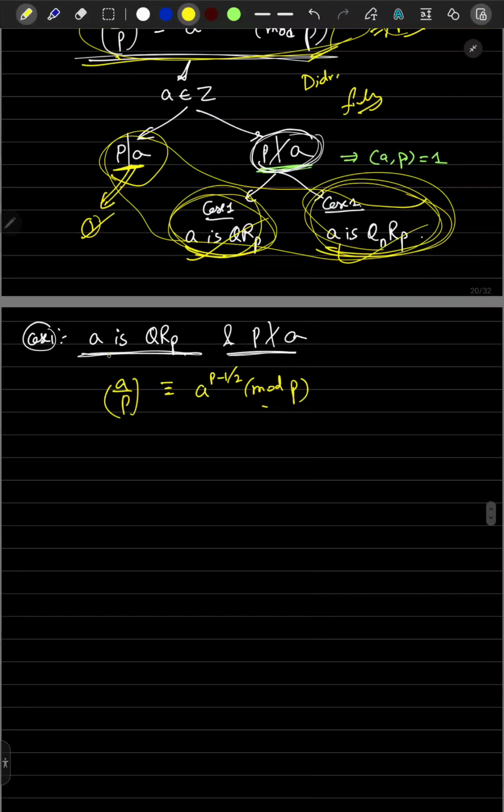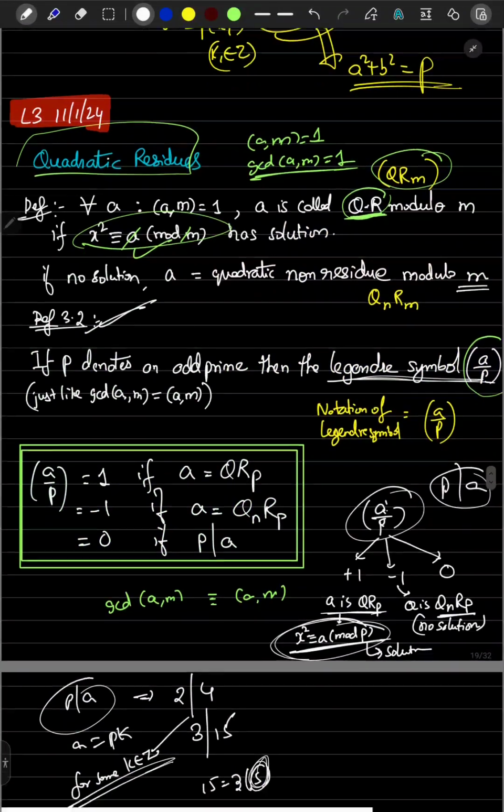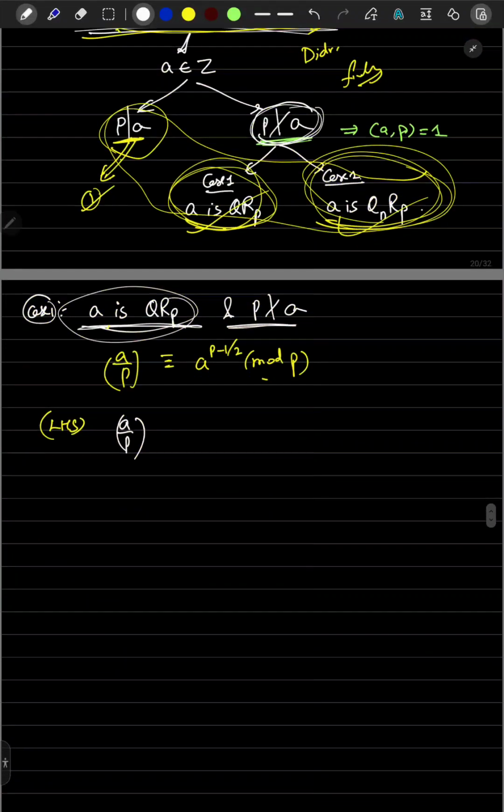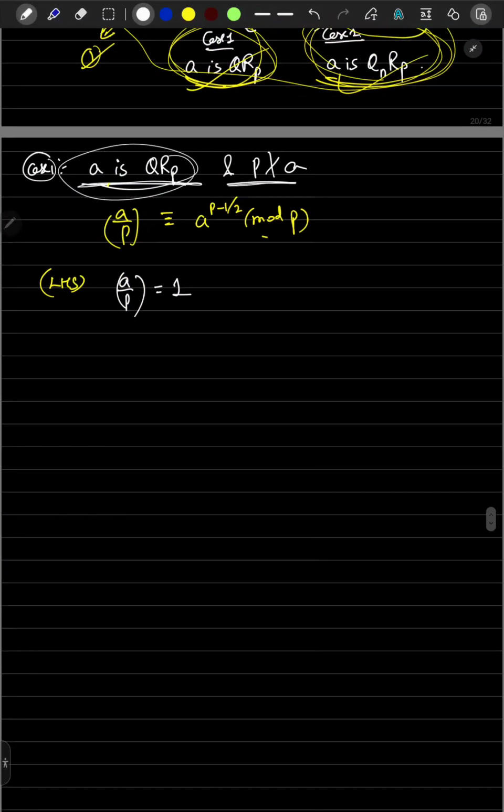According to this case, what is the LHS value? I told you, for a QRP, what is the value of the Legendre symbol (A/P)? Plus 1. The value will be 1. Now the RHS, A^((P-1)/2) mod P. If I can prove this is 1, then am I done?